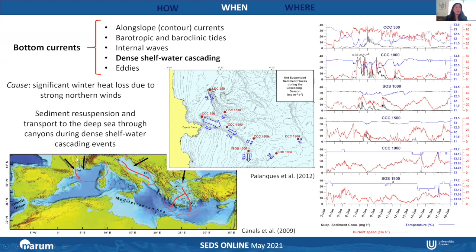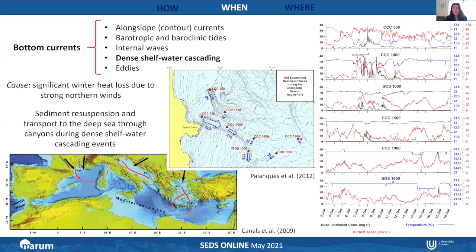These events are mainly formed in winter, because there is a heat loss due to strong northern winds, and this makes the water on the shelves very cold and then dense, so it tends to sink downslope.